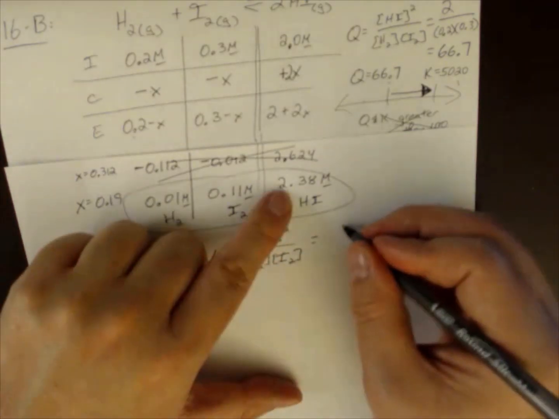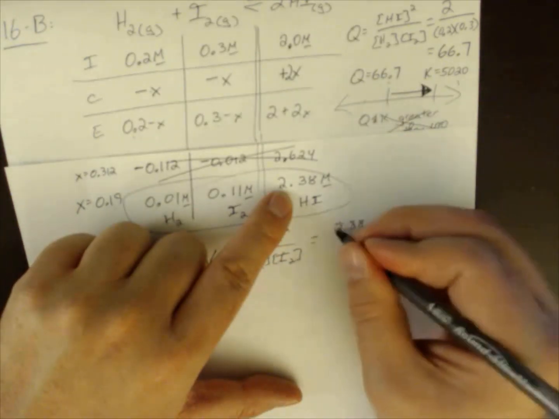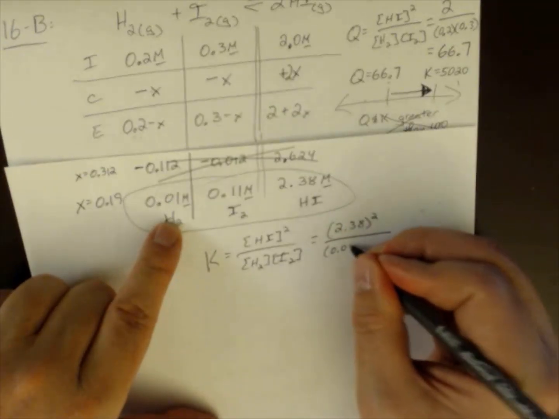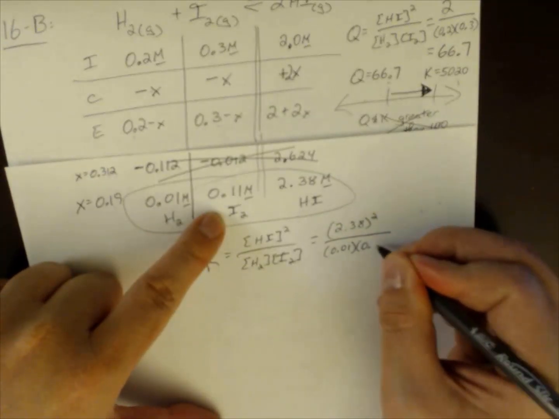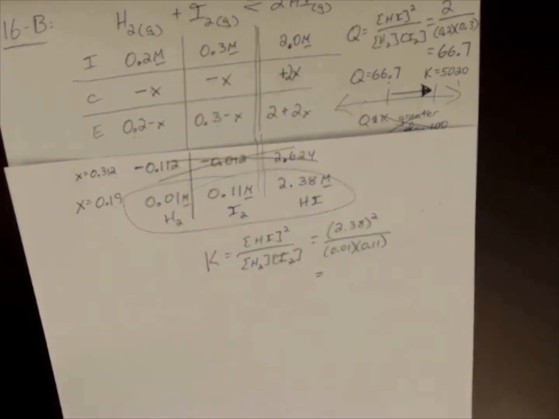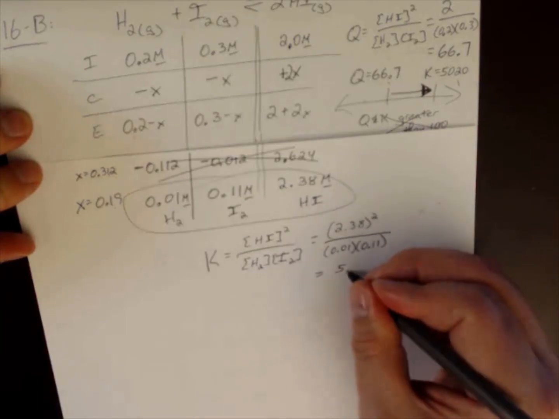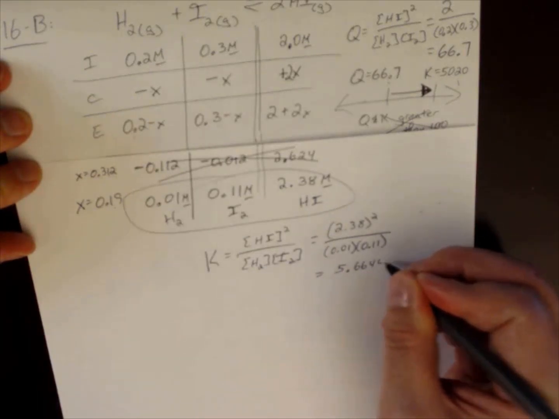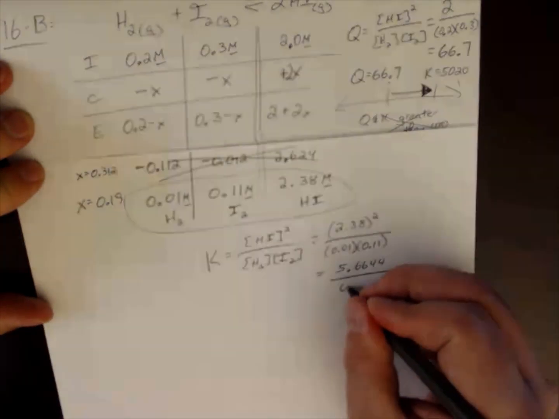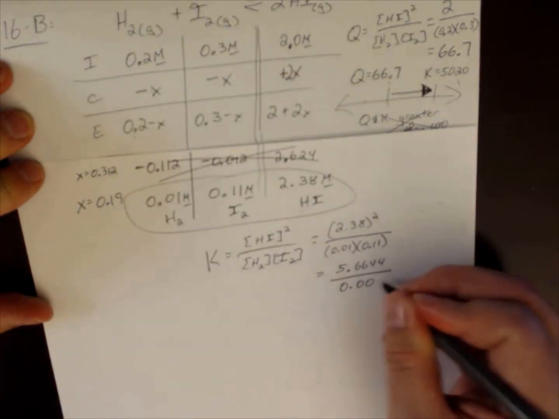So I plug these in, 2.38 squared over 0.01 and 0.11. 2.38 squared is 5.6644. 0.01 times 0.11 equals 0.0011.